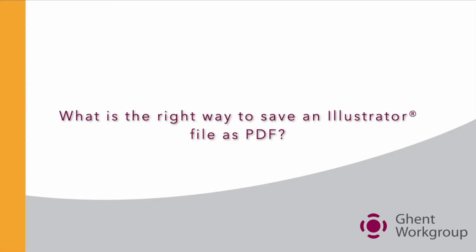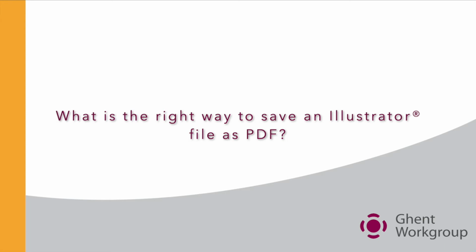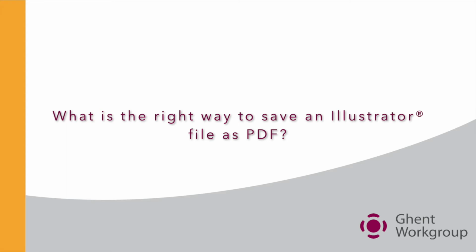You just have to be aware of what this compatibility notion does, and that is not always the best thing to do. If you're going to save a PDF file out of Illustrator and that PDF is going to production, then don't save this compatibility layer in there. It's not necessary for printing.